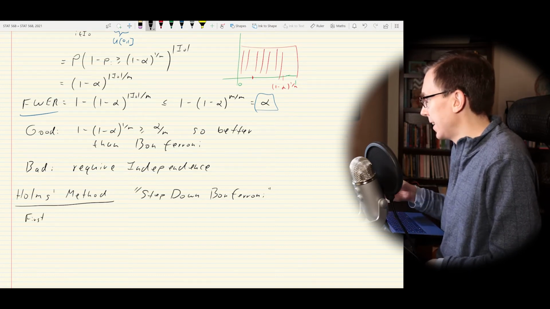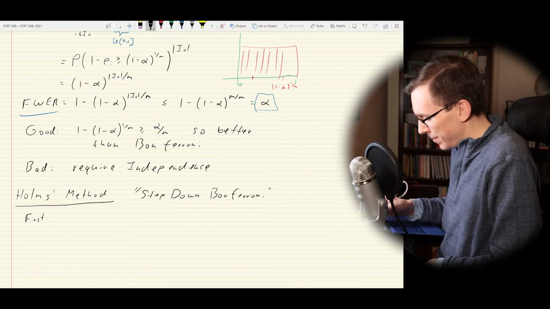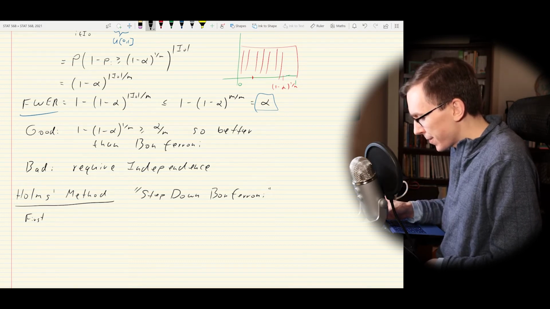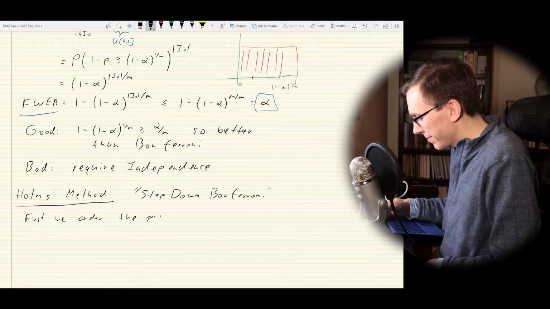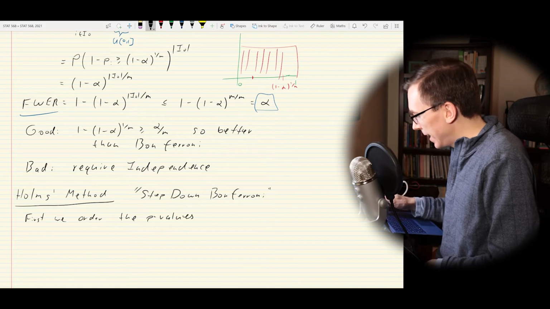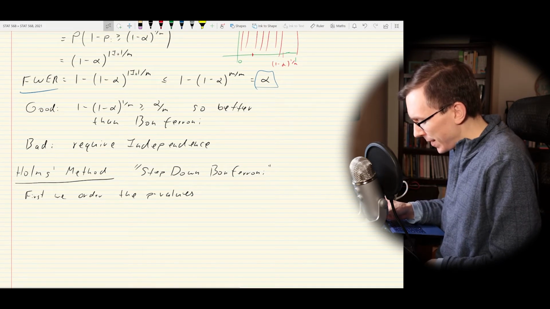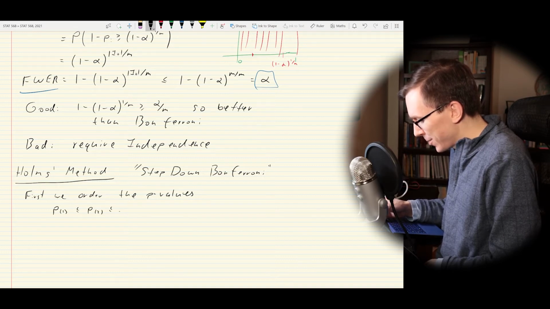First, I think I used the order statistic notation. So first, we order the p-values. By ordering the p-values, we end up with something that's going to look like p(1) less than or equal to p(2) less than or equal to up to p(m).